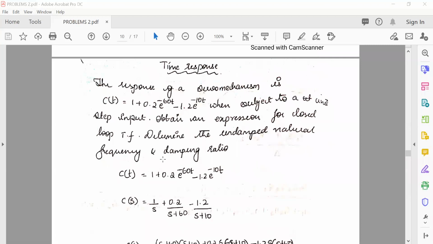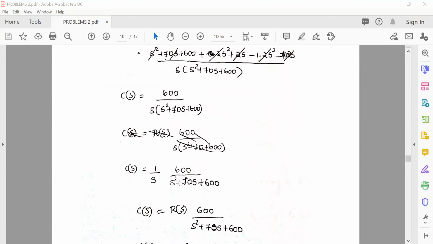The input they have mentioned is a step input, so you can write 1 by s as one term and the remaining term as another.